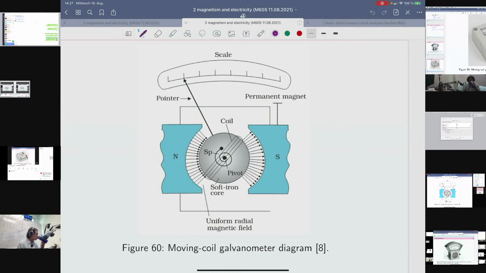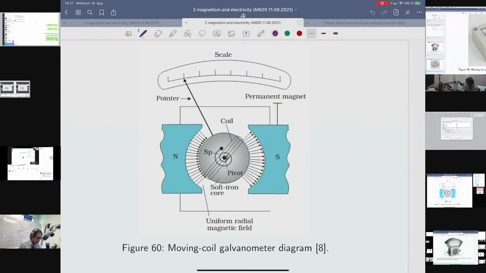You have a plate that consists of a scale, and this is the needle or the pointer, and here is the coil, and here is the pivot. There is a spring inside, attached to the frame of the galvanometer and to the axial or the shaft of the galvanometer.